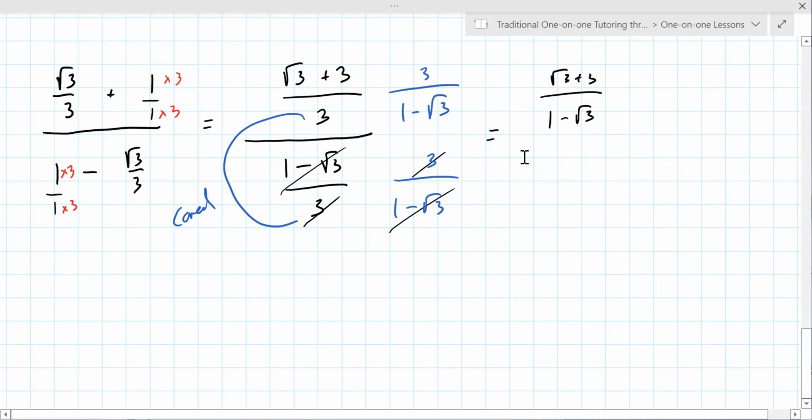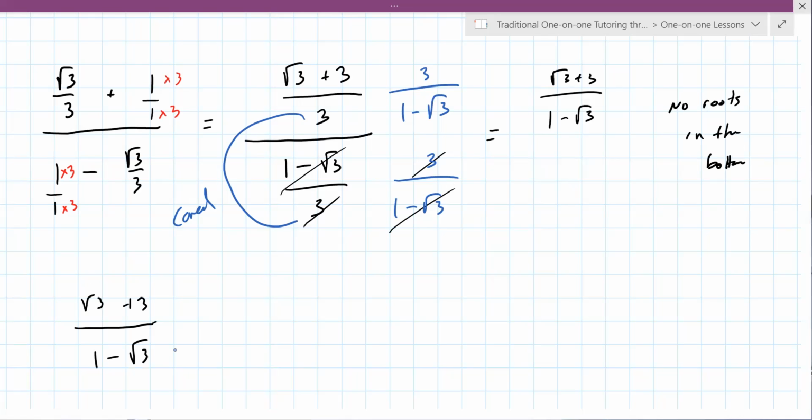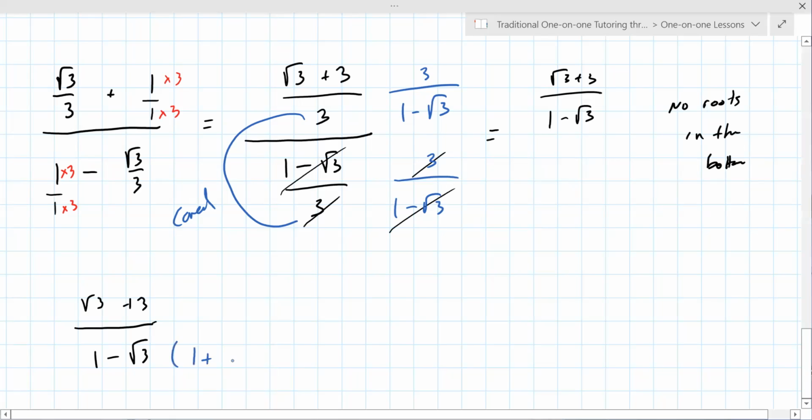But we're not done because you cannot have roots in the bottom. So you're like, darn, I really thought I had this all done. Nope, there's more. This is where you multiply by the conjugate. The conjugate is 1 plus square root of 3. It's the change in operator.